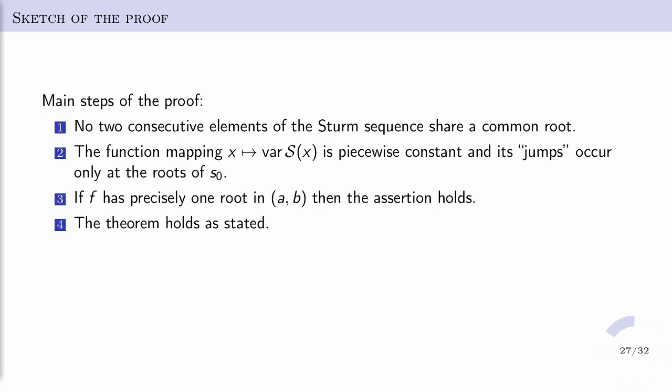So the number of sign changes in the Sturm sequence between A and B differs only at these intervals where we have a root of f. At every such interval we have just a jump by 1. So in the whole interval AB we have n jumps, where n is the number of roots. This is the idea of the proof of the Sturm theorem.